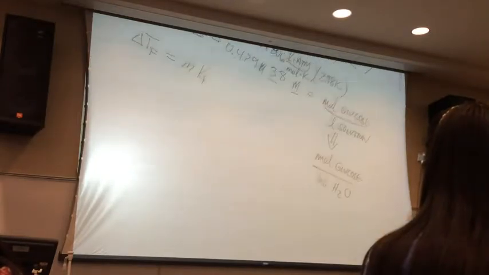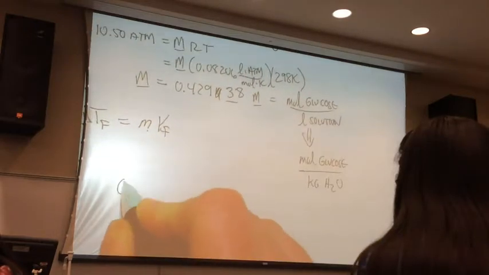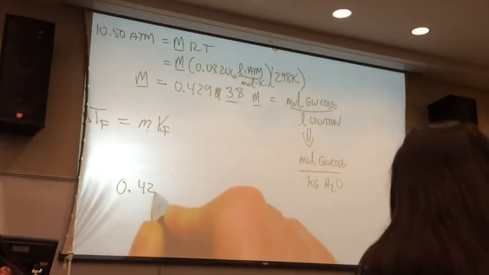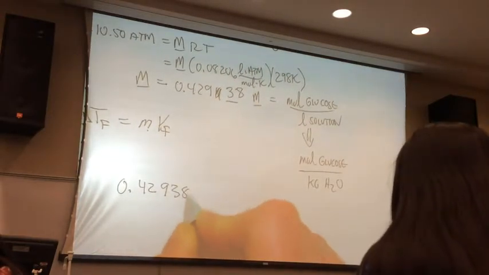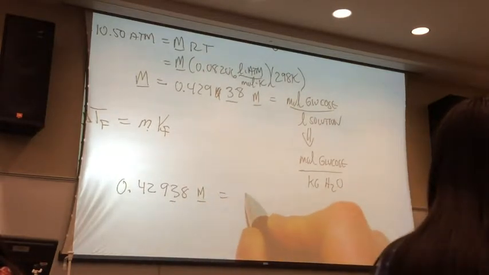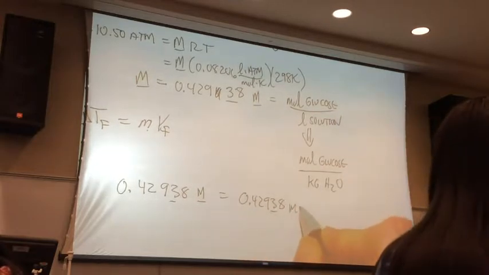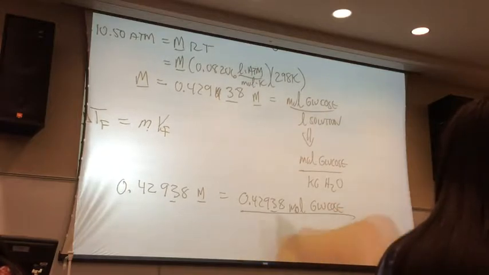All right? So if this is my concentration, writing it down here, I have 0.42938 molar, that's going to be 0.42938 moles of glucose per 1 liter of solution.